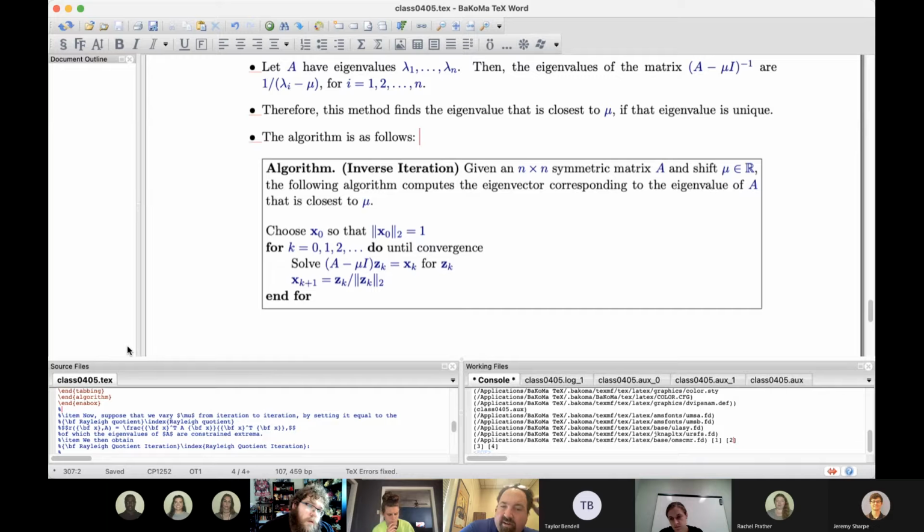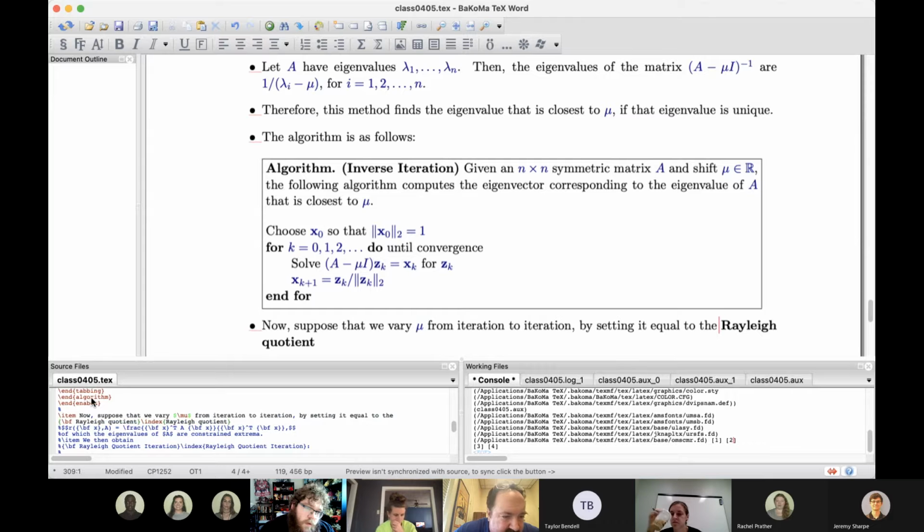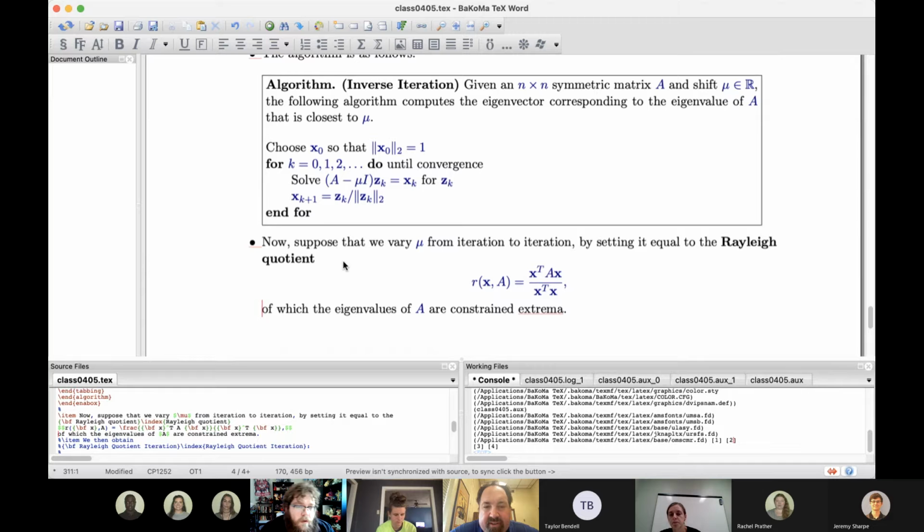Now, what I've described here is that we choose a shift at the beginning, and then we keep using that shift. What if instead we allow the shift to vary? Every time we generate a new x, we take the Rayleigh quotient. Remember, if x is an approximate eigenvector, the Rayleigh quotient will be the corresponding approximate eigenvalue.